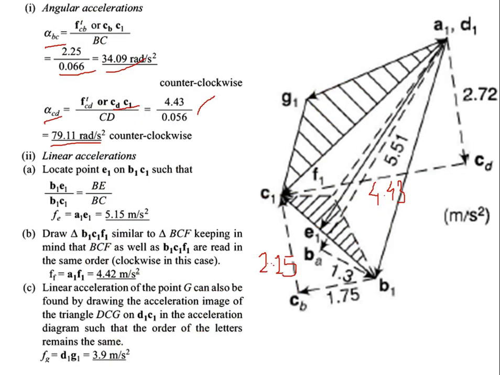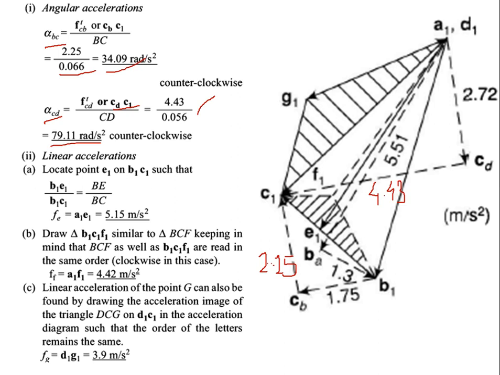So to locate point E1, it is on B1C1 only, because the point E is on BC only. So the point E1 will be between B1 and C1. On this only you can take the ratio: B1E1 by B1C1 is equal to BE by BC.